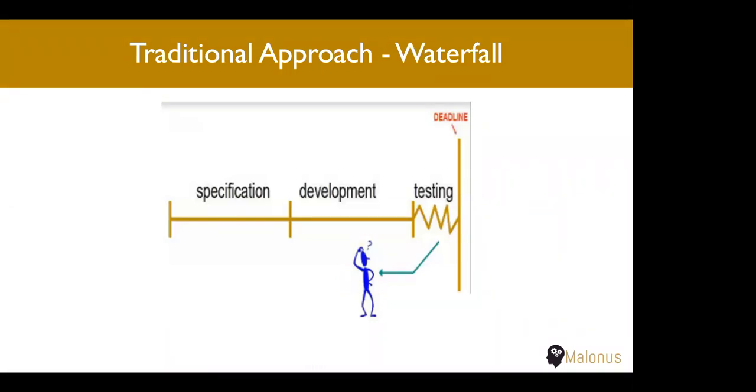Because of that, there was a push from specification to development, and then from development to testing. The important thing to understand is that this whole idea of quality used to be focused only in the testing phase.